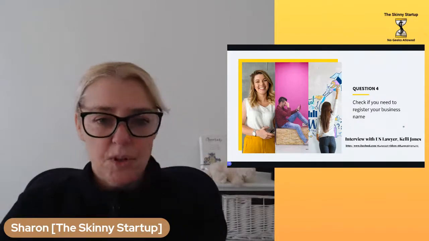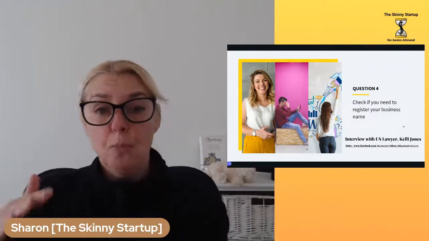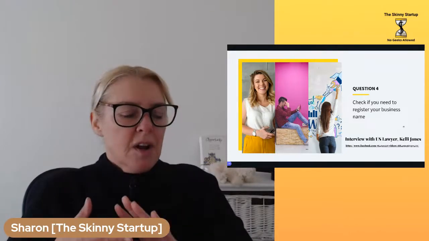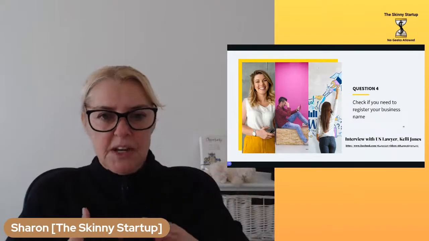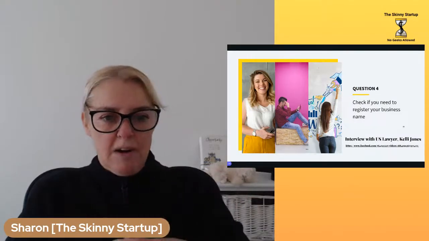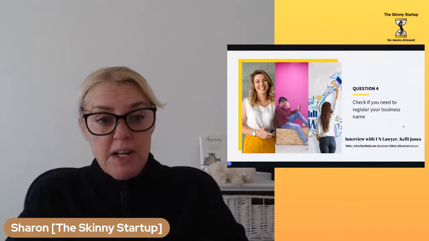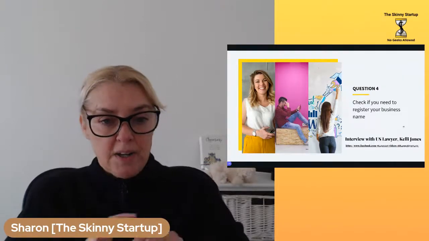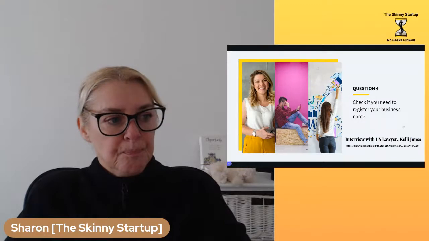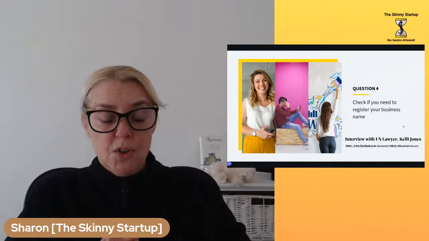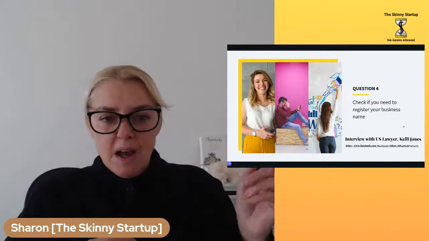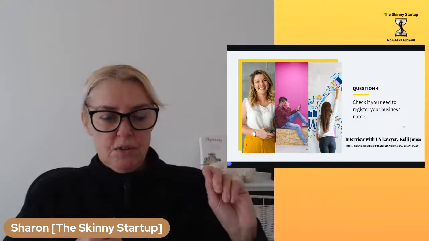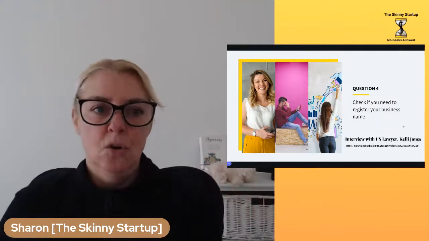So basically that's all you really need to look at for your business name. Now, there are obviously lots of other things that you need to decide prior to that. You need to understand your business structure. Again, this is where a lawyer or an accountant, even in Australia, could help you. And you would need to look at whether you want to have an EIN for the US, or if you need to register your business with ASIC in Australia.